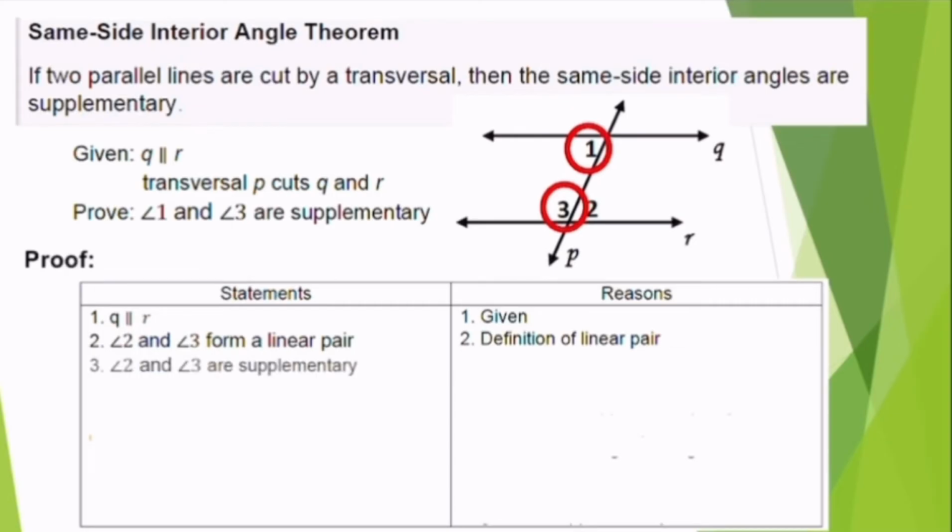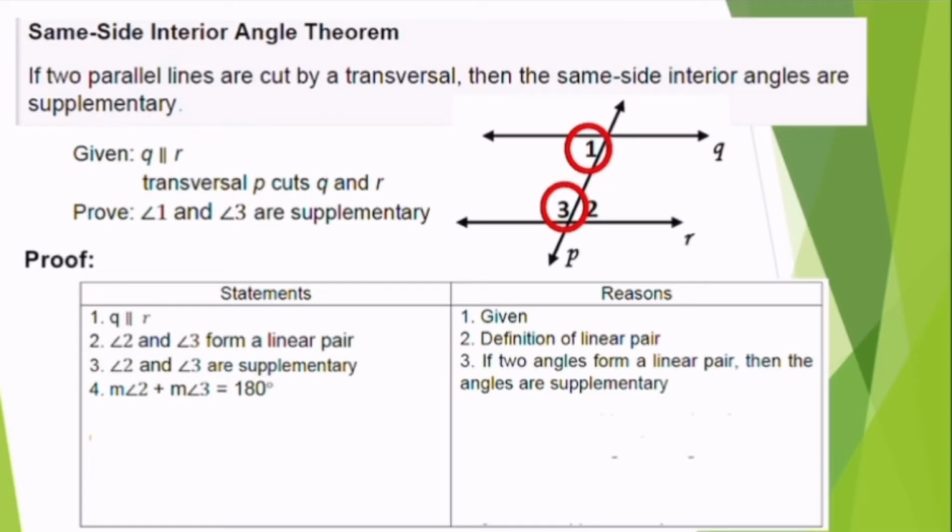Next statement, angle 2 and angle 3 are supplementary. The reason? If two angles form a linear pair, then the angles are supplementary. Next statement, the degree measure of angle 2 plus the degree measure of angle 3 is equal to 180 degrees.